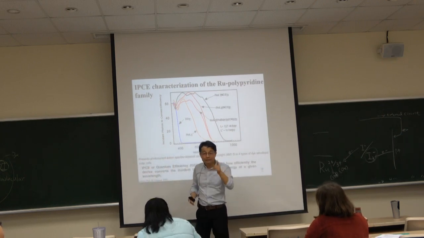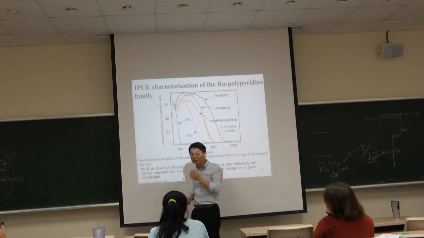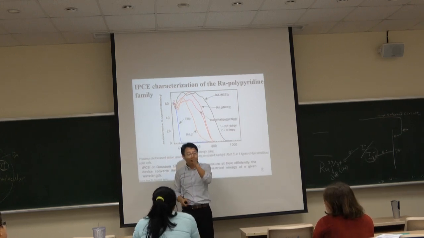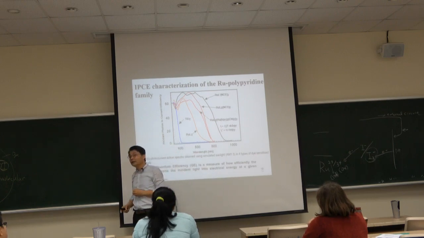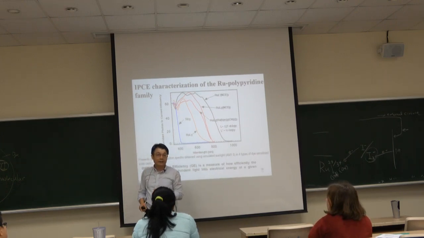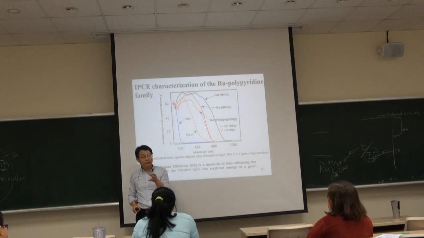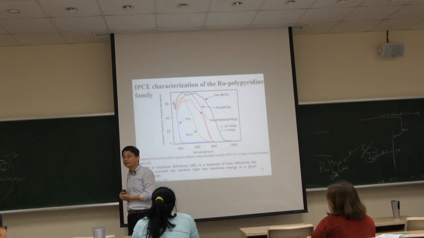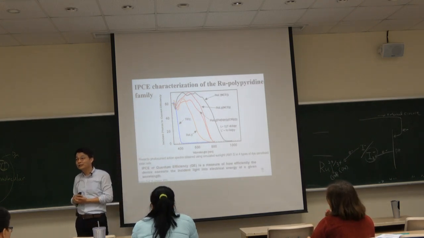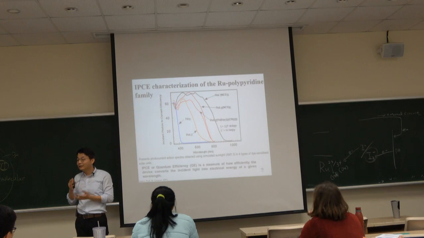Remember that TiO2's absorption edge is only 380 nanometers. The functionality of TiO2 is just to provide the surface for the dye to adsorb on. It does not need to provide the electron. The electron is provided by the dye, and the dye provides the electron to TiO2.